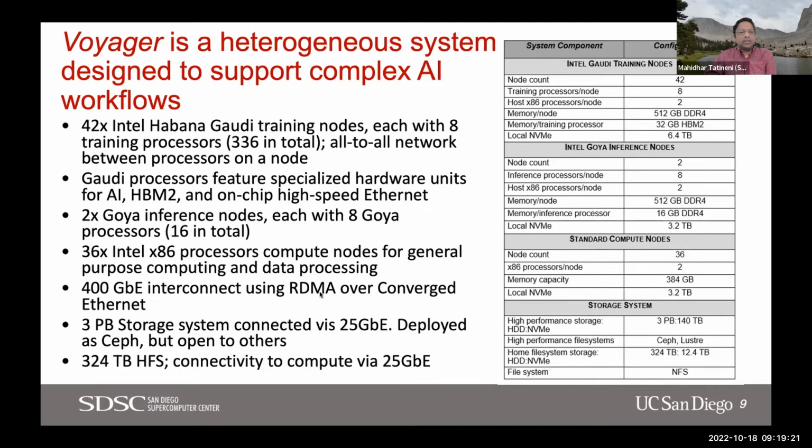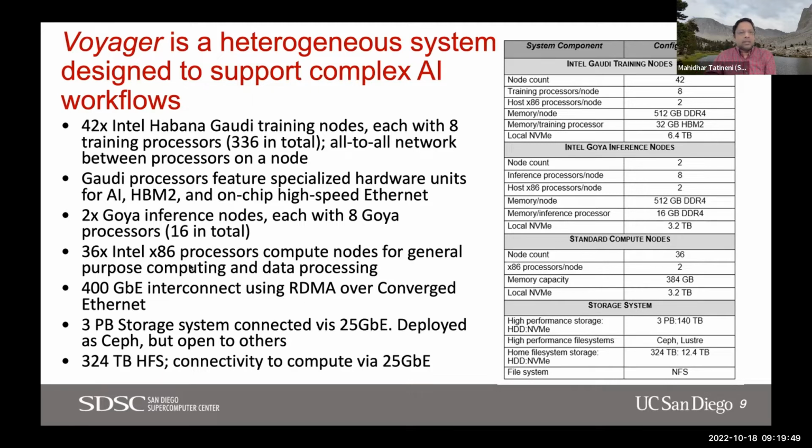In addition to these deep learning specific training and inference nodes, we have 36 regular compute nodes with Intel x86 processors. This is for general purpose computing, if you have any data prep and processing that you have to do and so on. These nodes can also be used for launching the multi-node Gaudi training jobs.